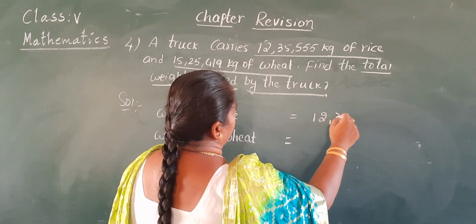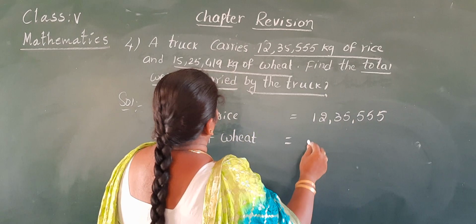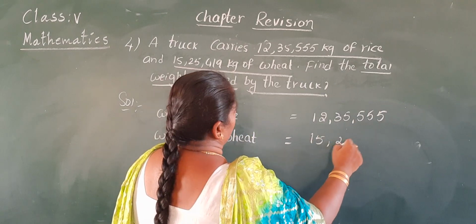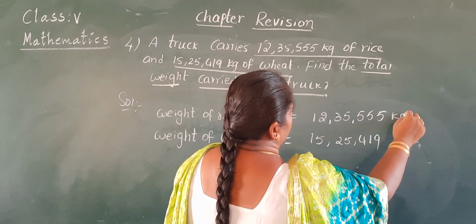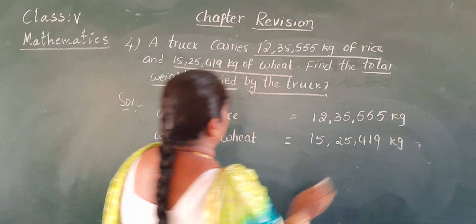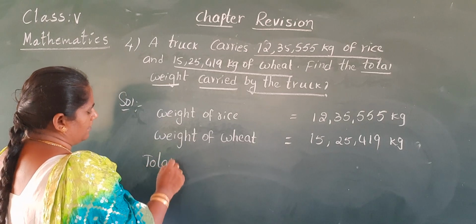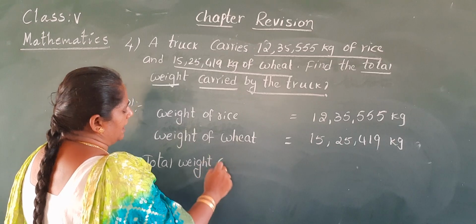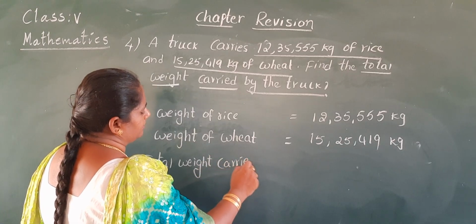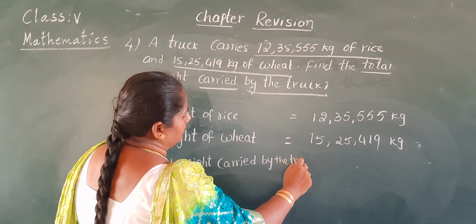This is 12,35,555 and this is 15,25,419 kg, Nana. So total weight carried by the truck.